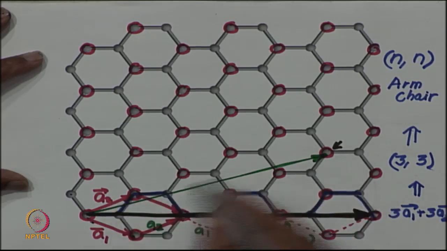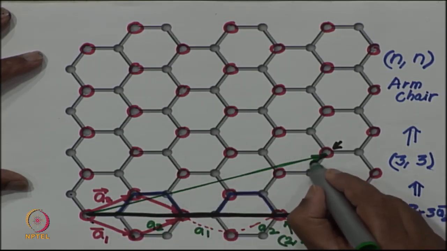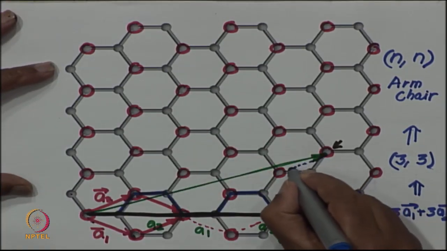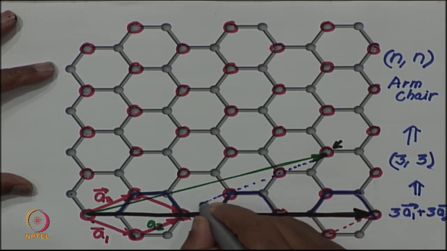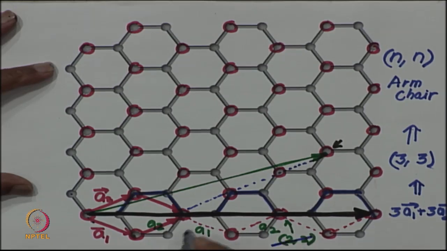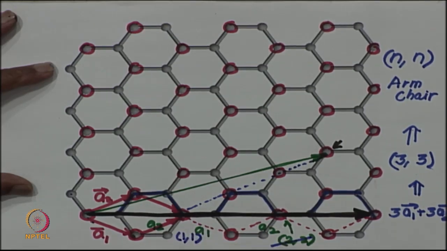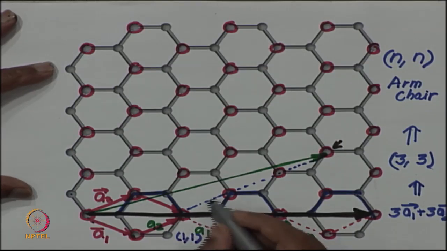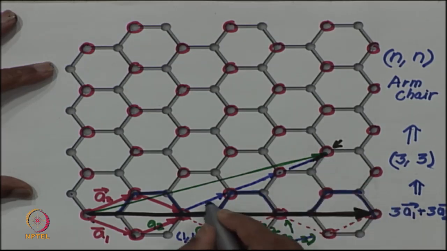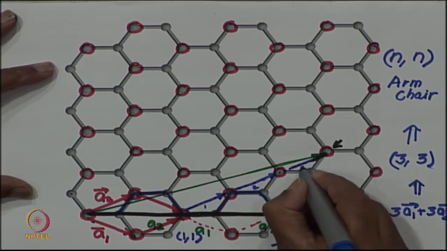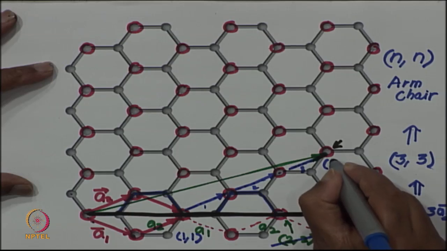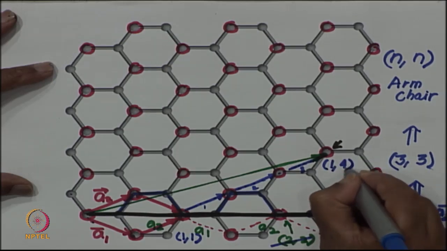So, I should go parallel to this direction, which is this one. I had overshot. This is a line which is parallel to my A2. So, I should come only up to this much. So, not 2 2, but 1 1. Here I have already come to 1 1, and then I keep going in the 2 direction by 1, 2 and 3 steps. So, 3 extra steps in the 2 direction, which means this location is a 1 4 location.